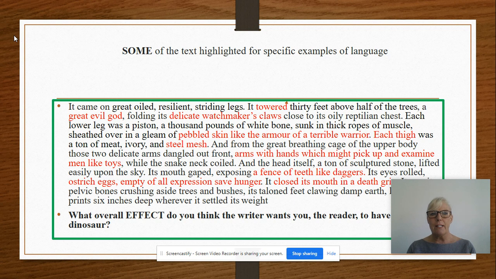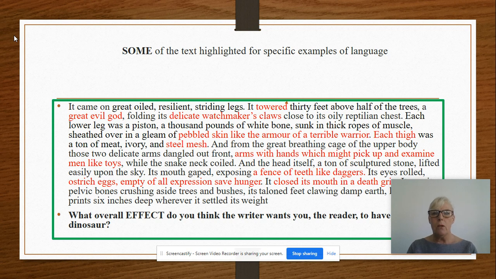You might have other things, for example great oiled, resilient, striding legs, or its pelvic bones crush aside trees. Don't worry. All of those things are describing the dinosaur, but it's really up to you.